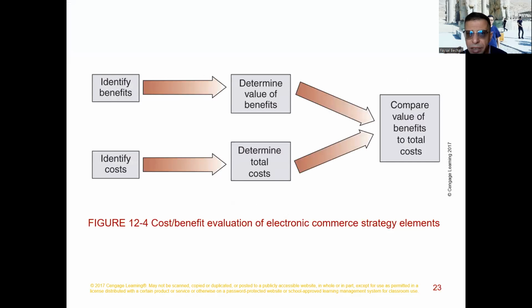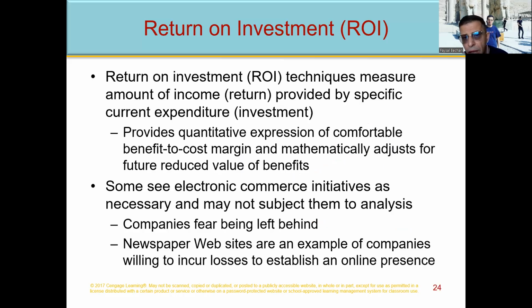So basically you identify the benefit, you determine the value of benefits, and you also identify the cost, you determine the value of the cost, and then you compare the value of benefit to the total cost. And then we have a return on investment.